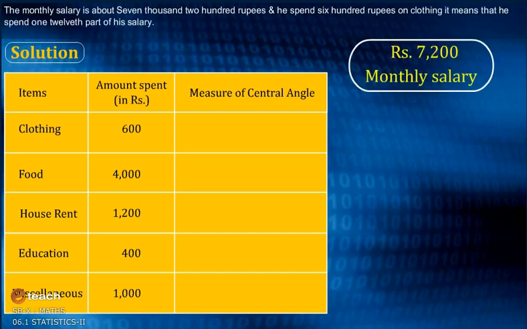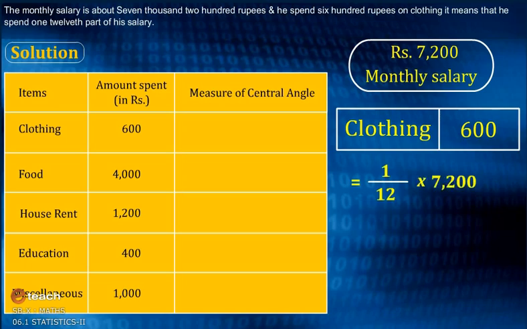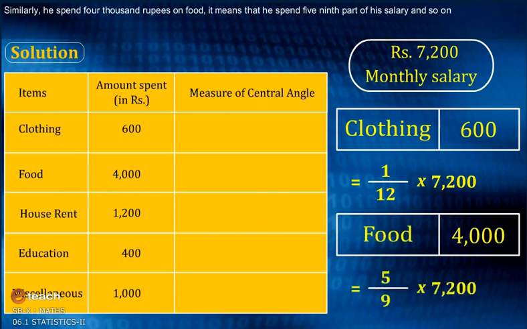The monthly salary is 7,200 rupees and he spent 600 rupees on clothing. It means that he spent 1/12th part of his salary. Similarly, he spent 4,000 rupees on food. It means that he spent 5/9th part of his salary, and so on.